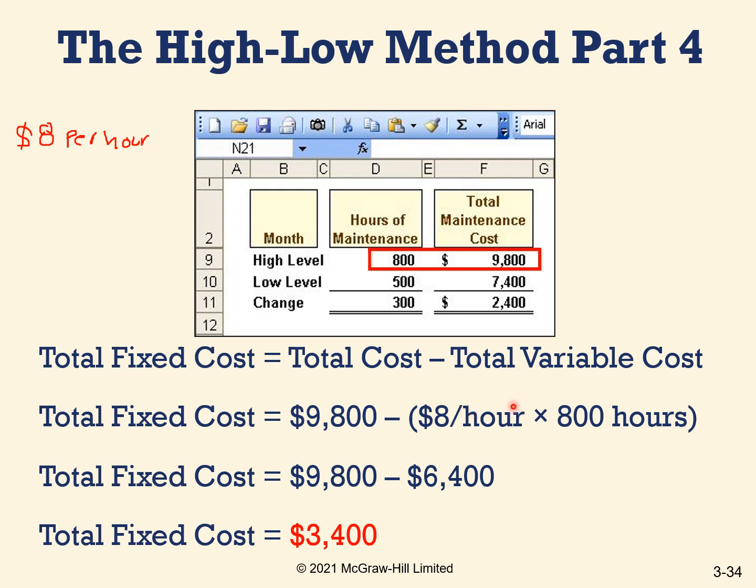So $8 per hour times 800 hours is $6,400. If we take it away from our total cost of $9,800, our total fixed cost is going to be $3,400. That's the great thing about these formulas: you can mix and match them around, and as long as you have the other variables, you can solve for the one that you're missing.